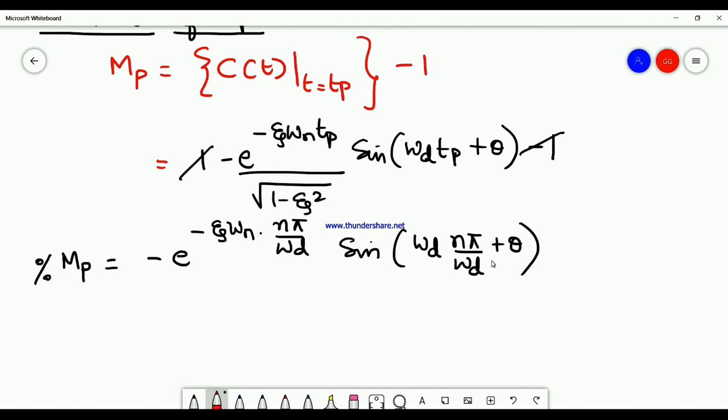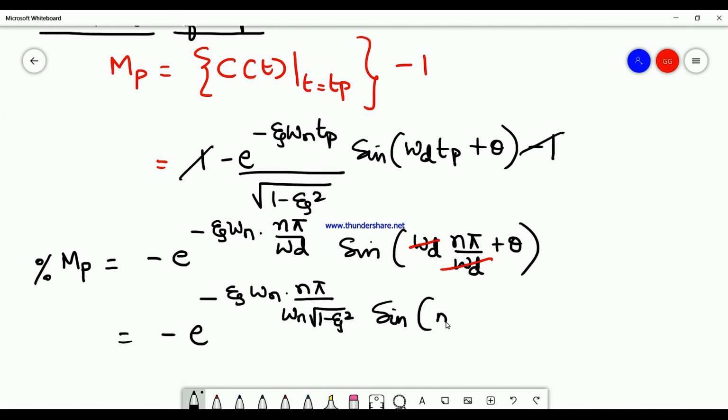Now omega d gets cancelled here, so we are left with minus e power minus zeta omega n into n pi divided by omega n into square root of 1 minus zeta square, which is omega d, into sine of n pi plus theta.